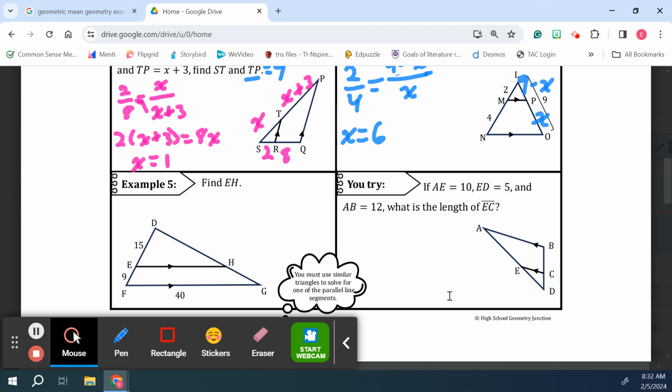Or yeah, equals. Wait, no. Why? Wait, DG. I know, but we aren't finding DG. We don't need it. We're finding E equals 2. We have to find DG first. What's 15 times 4? 15 times 40.